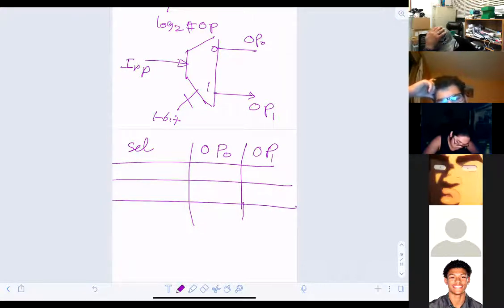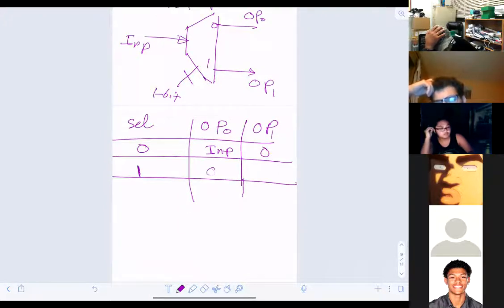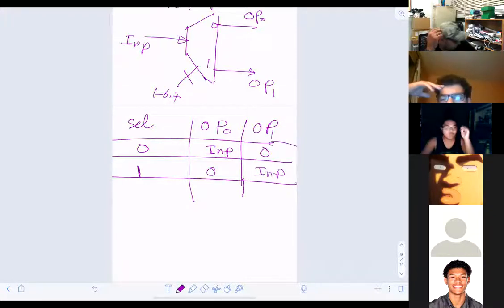Right? If select is equal to 0, that means output 1 can be 0, but output 0 will be the input. Right? If select is equal to 1, output 0 can be 0, and output 1 is going to be the input. So far, so good.